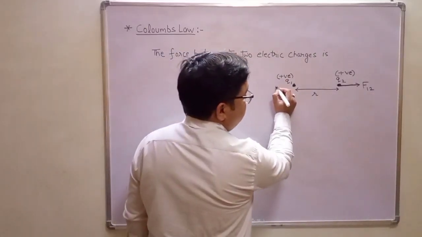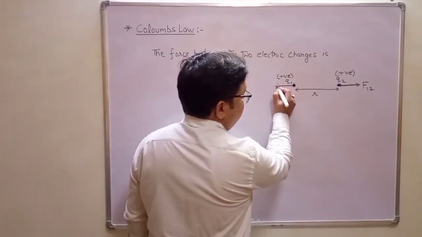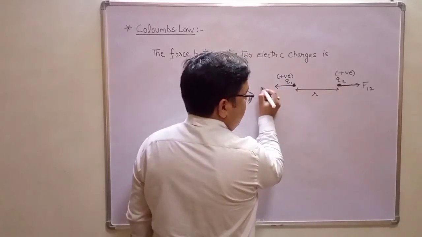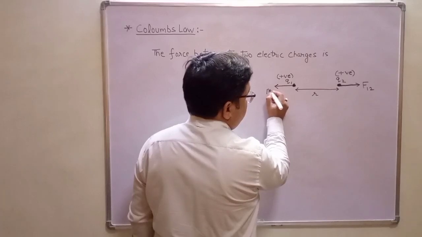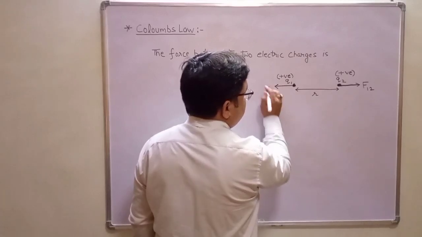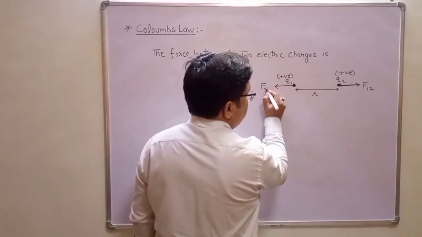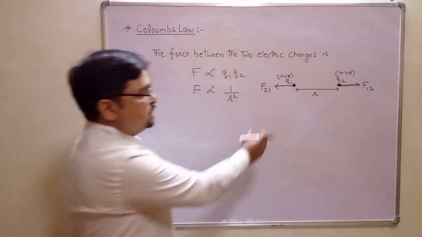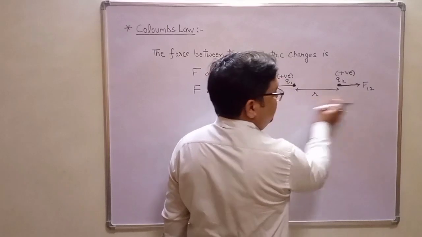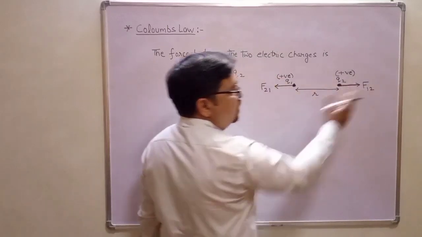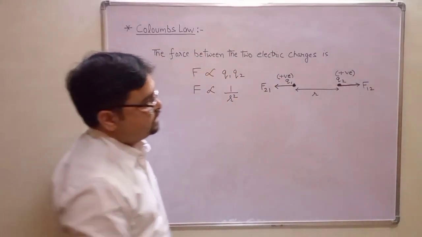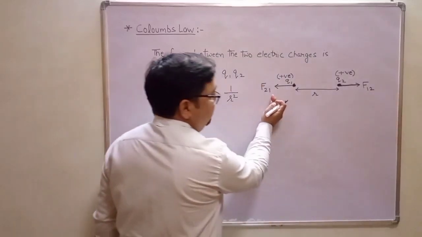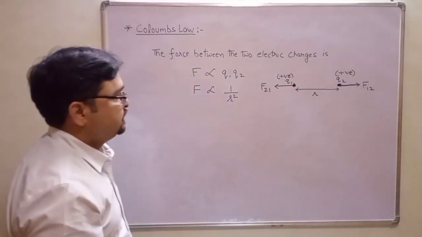And similarly, this charge will experience a force due to charge Q2 away from Q1. So this will be the force on charge 2 because of charge 1. Both of these forces will be equal, but in opposite direction. We can see F12 is in the right direction, F21 is in the left direction.